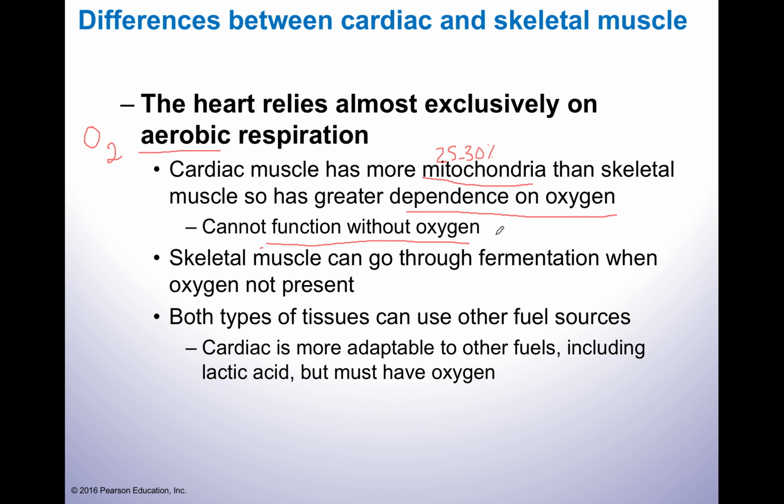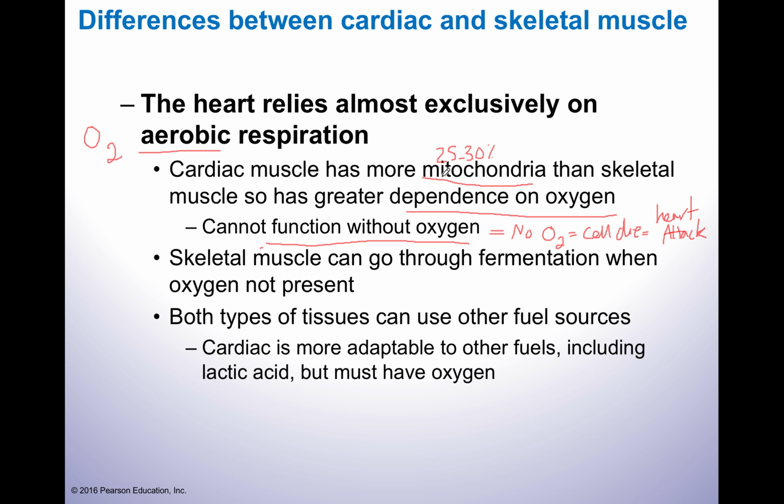Think about this. No oxygen, no O2 means cells die. And cells dying typically translates to what? Heart attack. So if any of your blood vessels that supply oxygen to your heart are blocked, the cells in that region die, and that basically means heart attack.